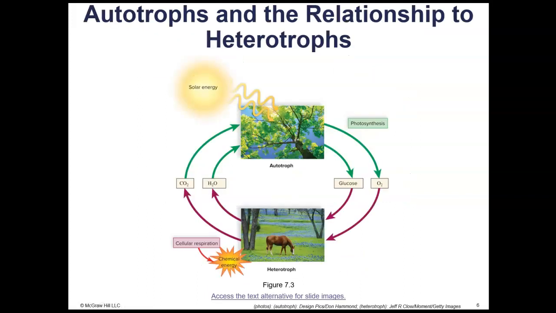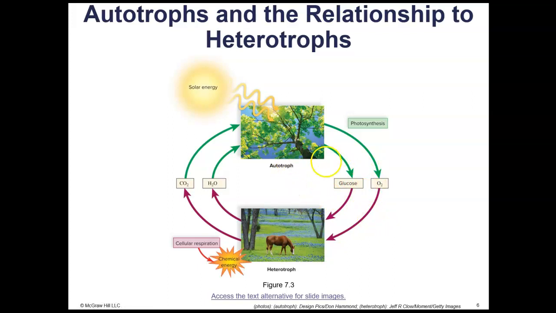And this shows you the relationship between autotrophs and heterotrophs. The autotrophs, here you see the leaves of a tree, are capturing the solar energy, carrying out photosynthesis, and producing oxygen and glucose as byproducts. And then that glucose undergoes a process called cellular respiration.